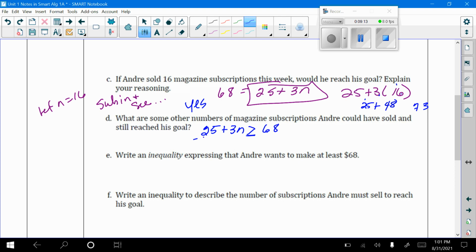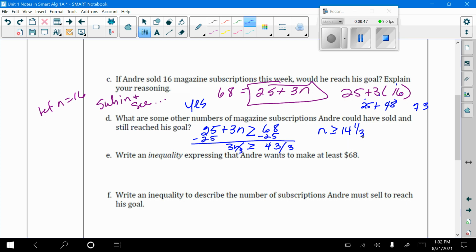So when I solve it, minus the 25, minus the 25, I'm going to get 3n is greater than or equal to, what's 68 minus 25? Well, calculate it, that would be 43. Divide both sides by 3. And I get n is greater than or equal to 14 and 1/3. Okay, what that really means is he's got to sell a little over 14 subscriptions.